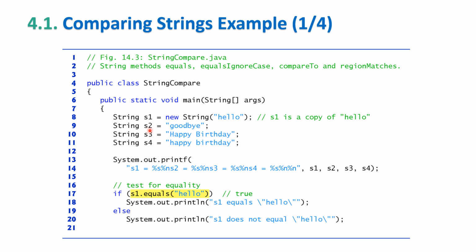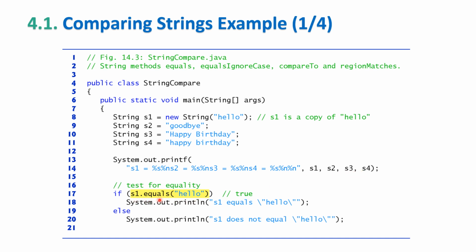String s2 is a reference to the string "goodbye". s3 is a reference to the string "Happy Birthday" with the uppercase H and uppercase B for each word initial. s4 is a reference to the string "happy birthday" with all lowercase letters. The program displays the value of each of the four strings before performing any comparison.